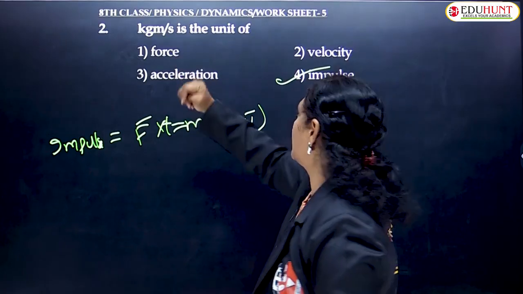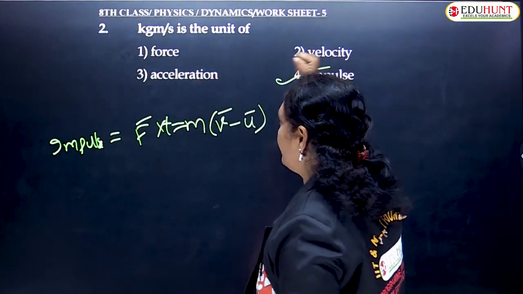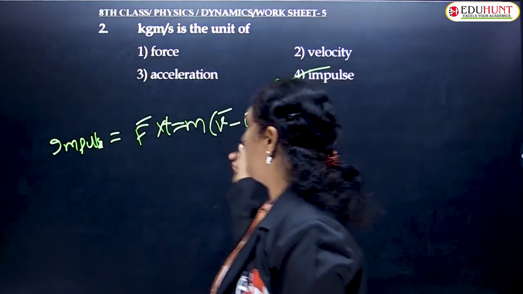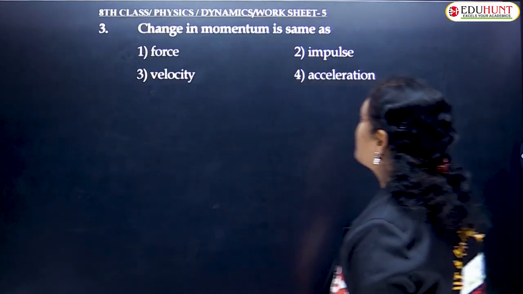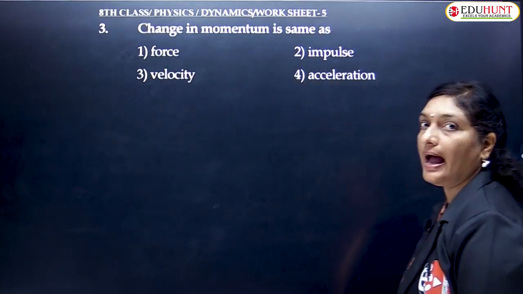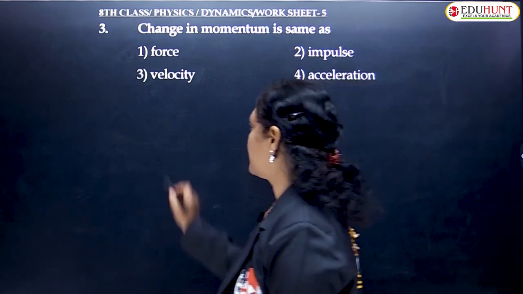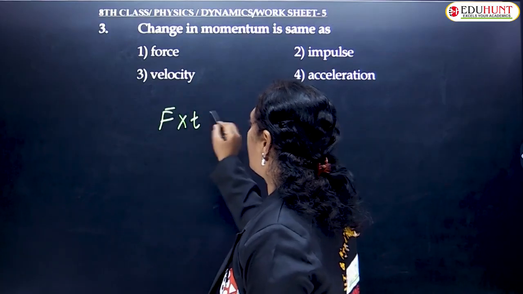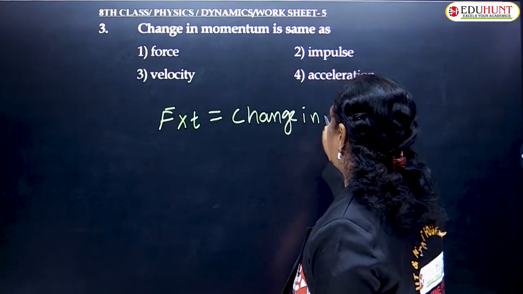Force is in newtons or kg meter per second square. Velocity is meter per second. Acceleration is meter per second square. Whereas impulse is kg meter per second. Moving ahead, just now we have discussed that F into t is nothing but your change in momentum.